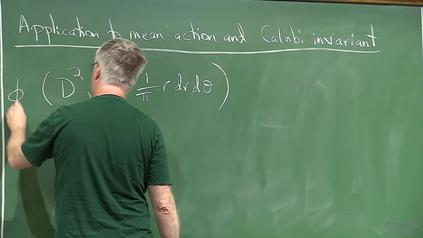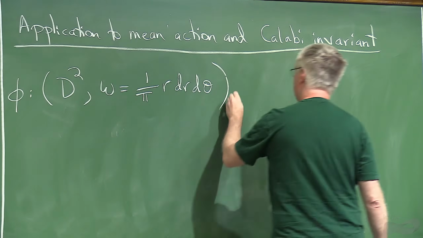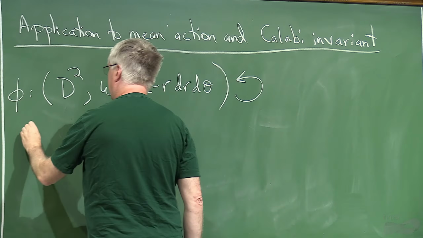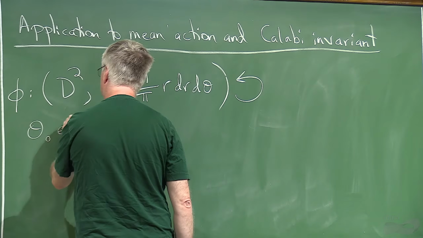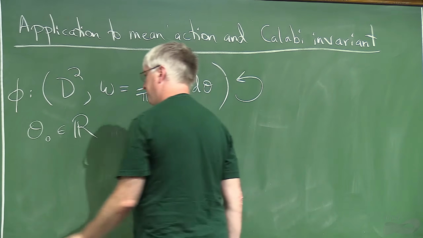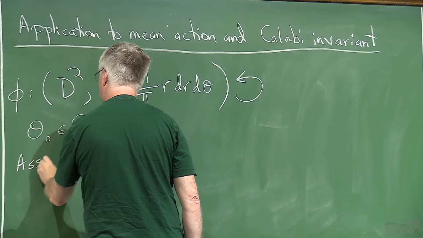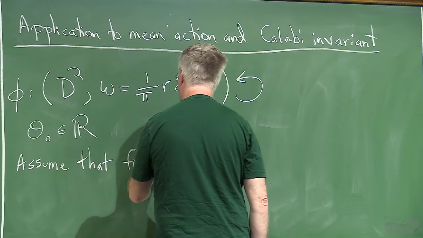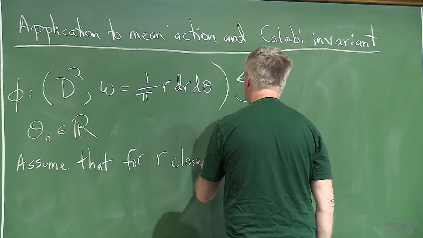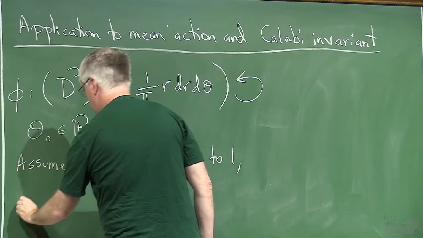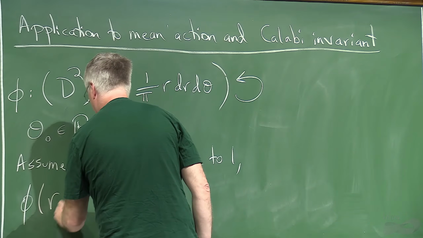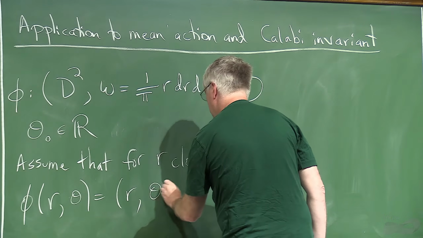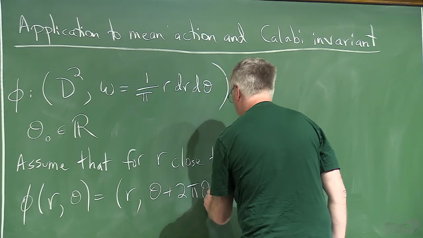And I take a symplectomorphism phi of the disk, so just an area-preserving map. And I take some number theta 0, a real number, and I assume that for r close to 1, the map is given in polar coordinates by phi of (r, theta) equals (r, theta plus 2 pi theta 0).